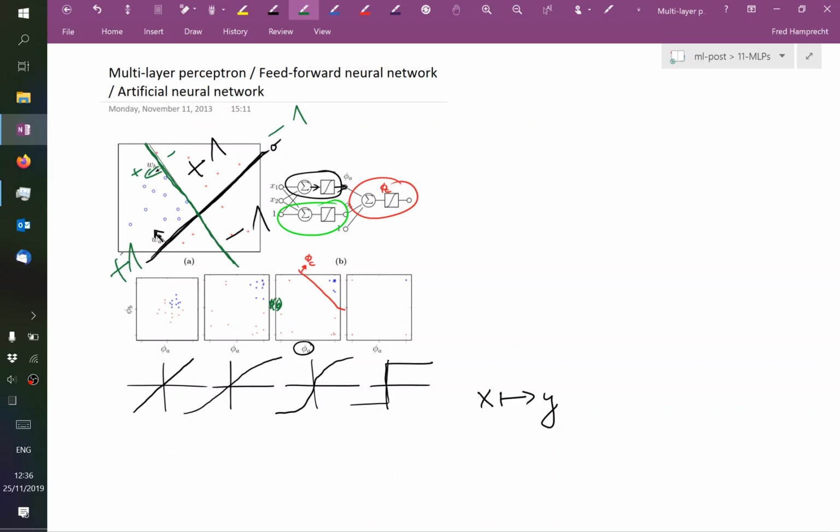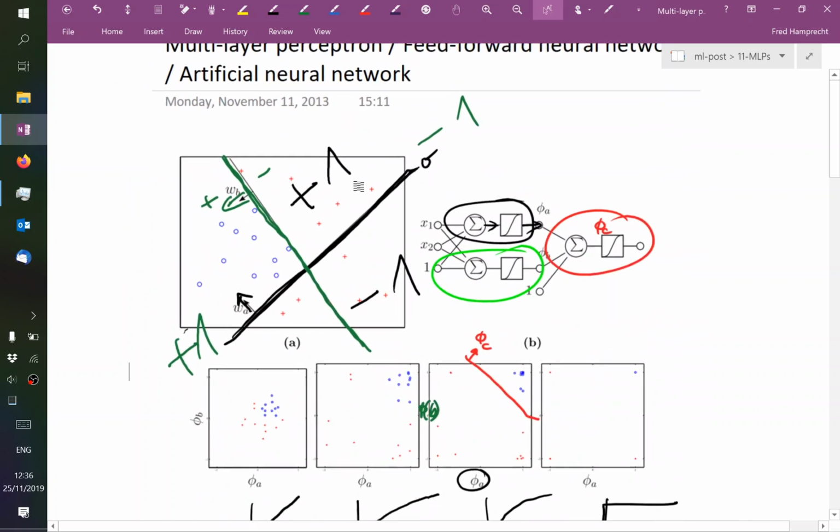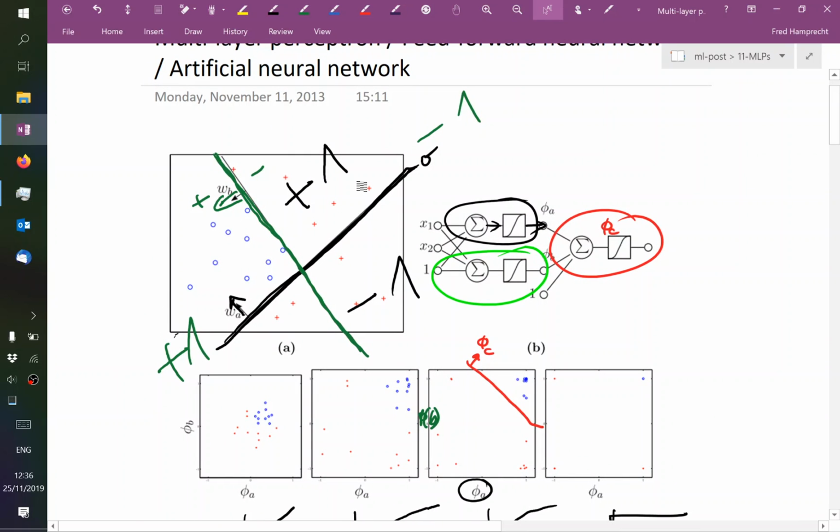Now I have two predictions for each of my observations, namely in this set here, I will get +1, +1. And of course, the perceptrons have been judiciously chosen. So for all my blue training points, I get a new coordinate of +1, +1, meaning they end up here.